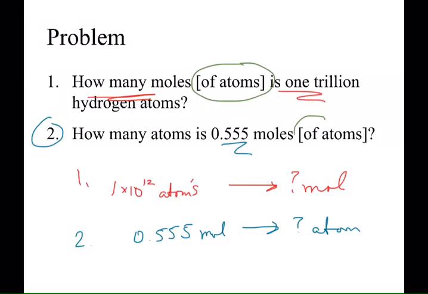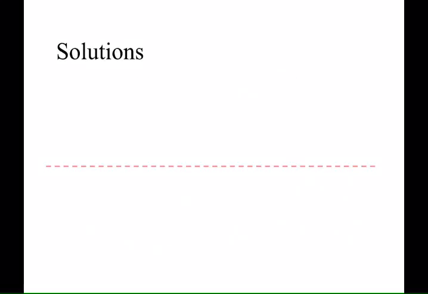That something in brackets doesn't necessarily need to be there. A lot of times when I do a problem like 1, it will say how many moles is 1 trillion hydrogen atoms. For 2, it will read how many atoms is 0.555 moles. All right, so let's see what we got.